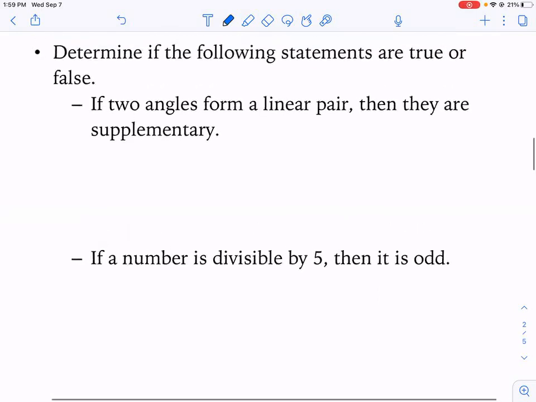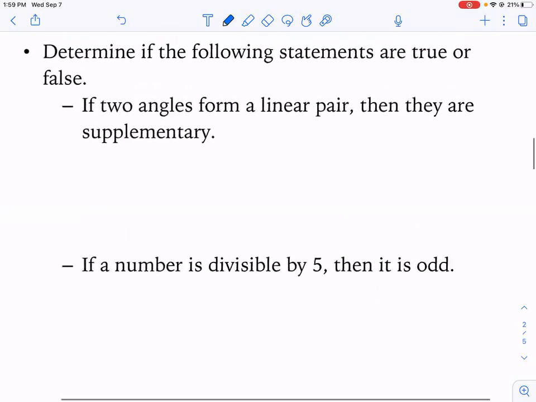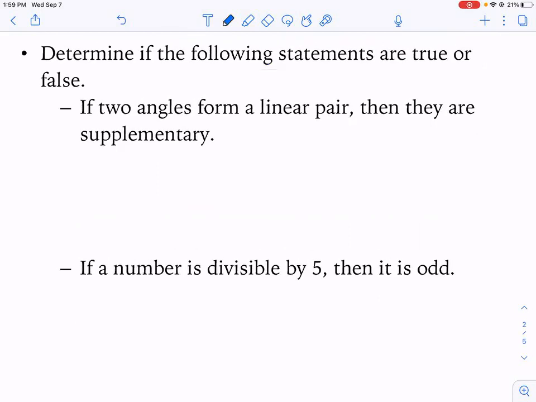We are going to determine if these 2 statements are true or false. If 2 angles form a linear pair, then they are supplementary.